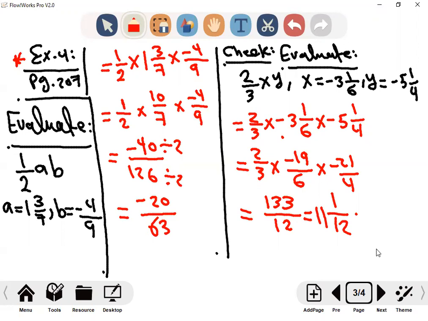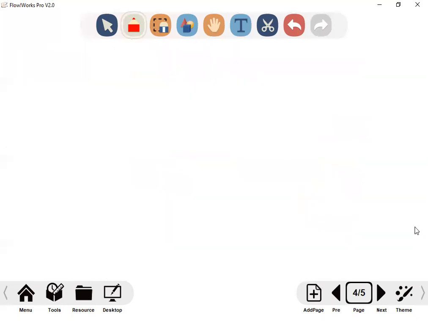Done? Yalla, last example, let's finish the lesson. Quickly, my son, yalla. Please quickly, I need to finish. Done? Done? Yeah. Now the last example, let's do it quickly. Example 5.